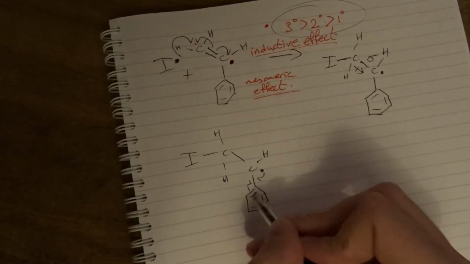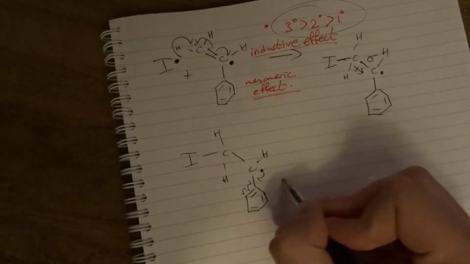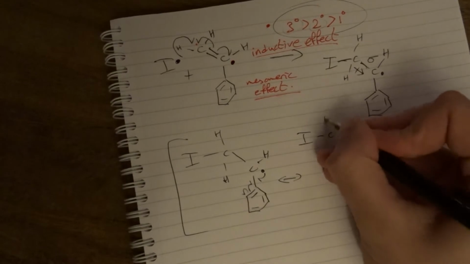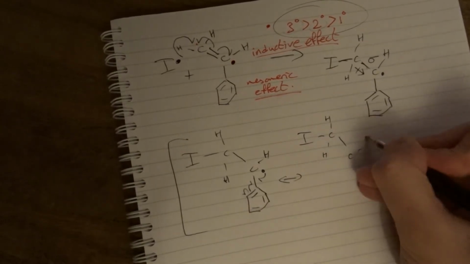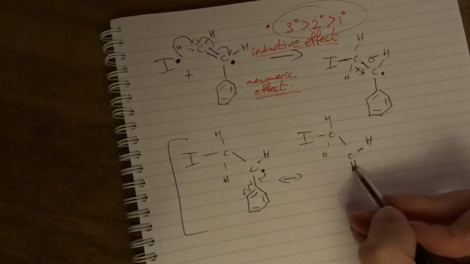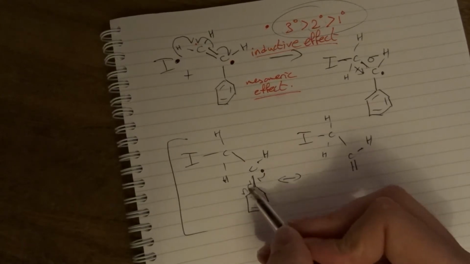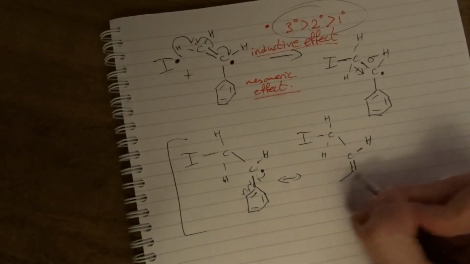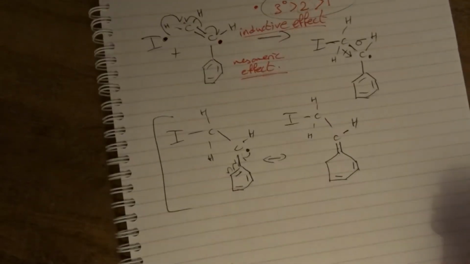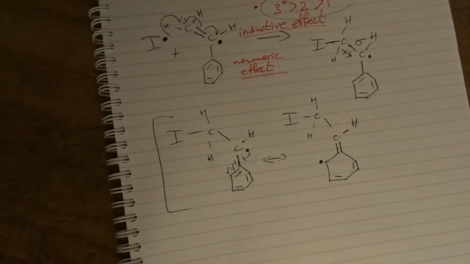And then we will leave one electron here, which will be positioned there. Now we have to draw here a double bond, because one bond was already present, and we form here with this electron and this electron a new bond, a double bond. We draw the ring. Those double bonds will be maintained, and we have here the new radical.